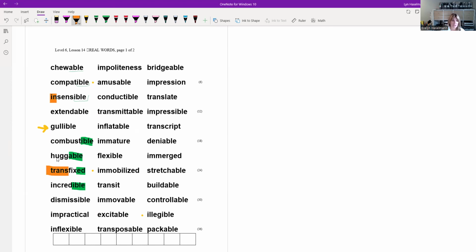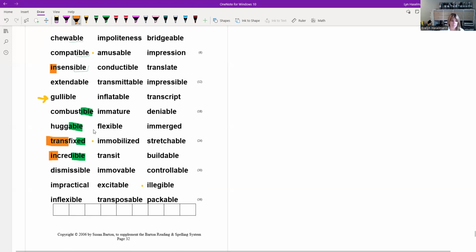Combust. Huggable, base word hug. Transfixed, base word fix. Now for incredible, this is a little bit, you can put that as a prefix, and have your base word be credit, or it's really a Latin root right there. But they can certainly find those in there too.